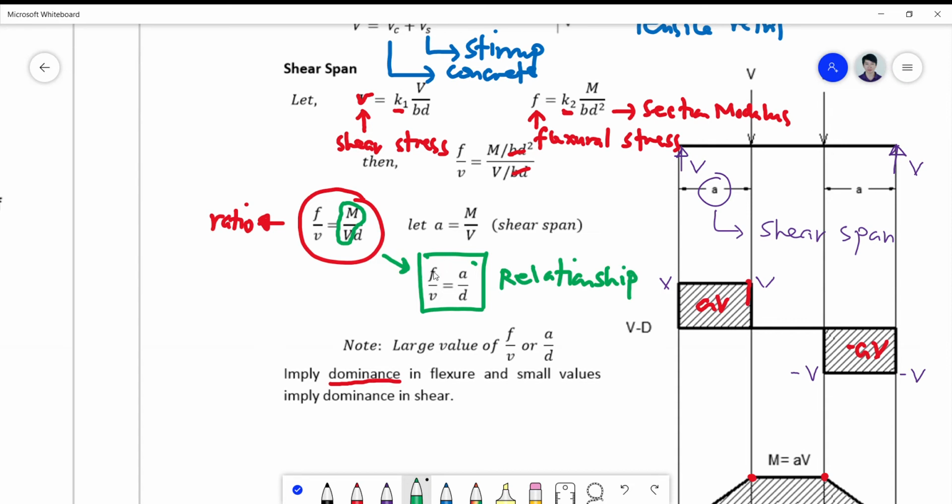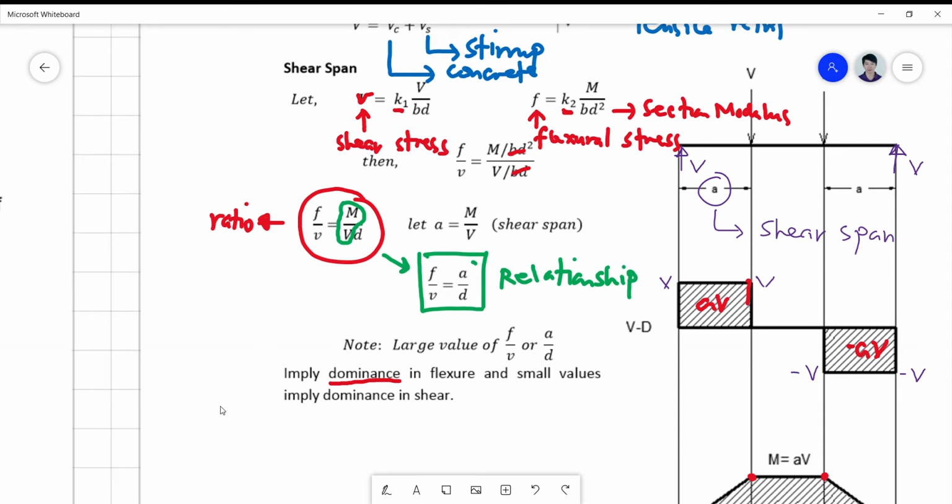Because if F over V is big, then the moment is bigger than V. That is the rationale, the scientific explanation of having a dominant flexure when your A over D, or your F over V, is large. Of course, if it is small, there's dominance in shear.